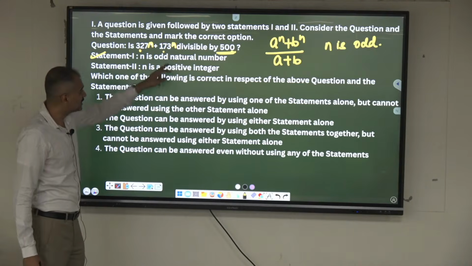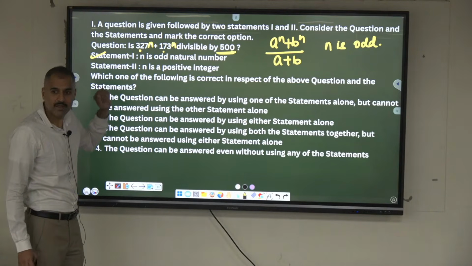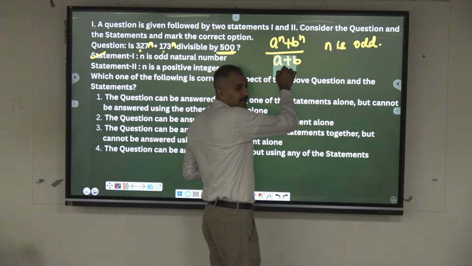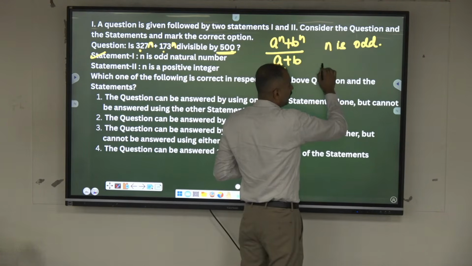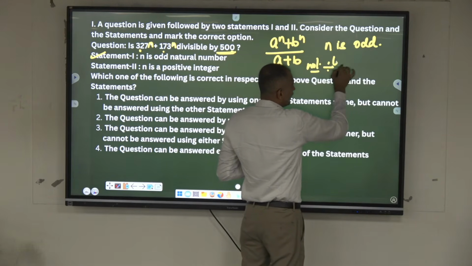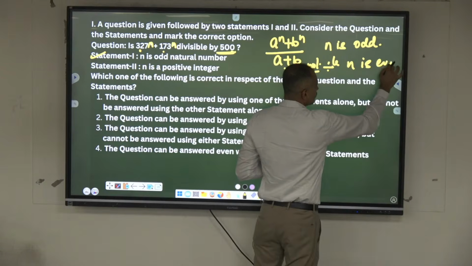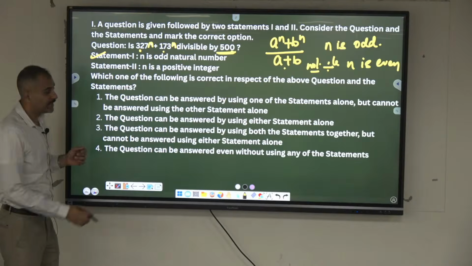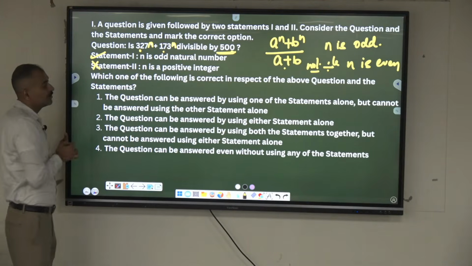When n is even, is this possible? No. A power n plus b power n is always divisible by a plus b when n is odd, and it's not divisible when n is even. All positive integers means it can be even also. Hence, this statement doesn't help us to find the answer.